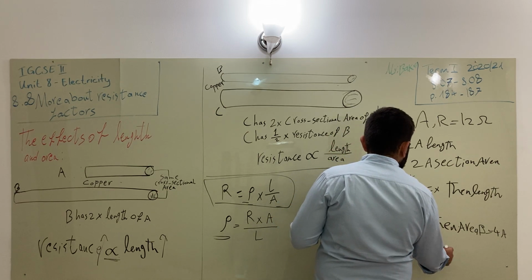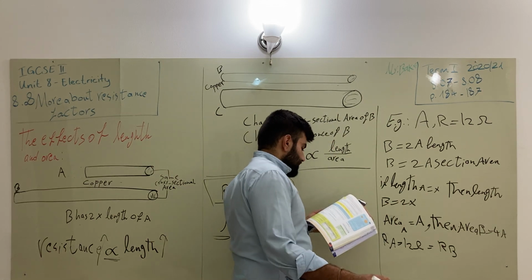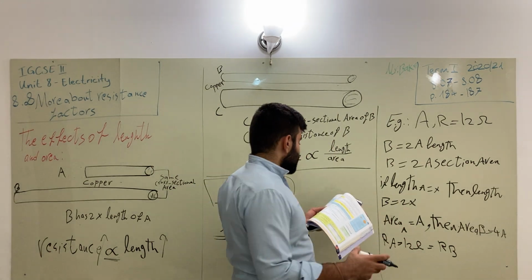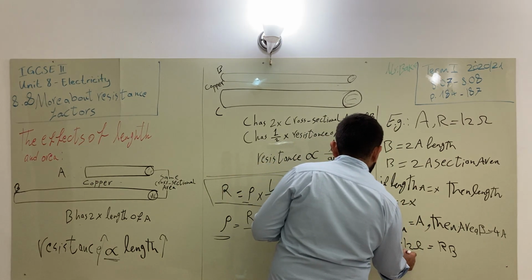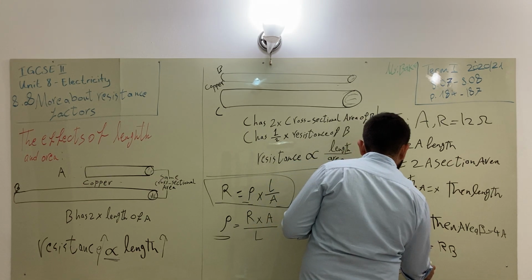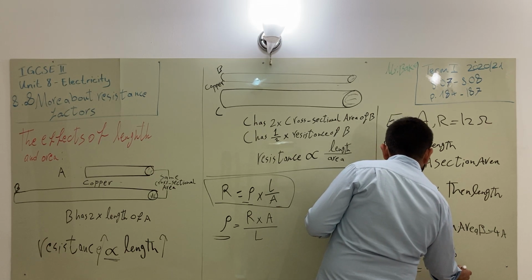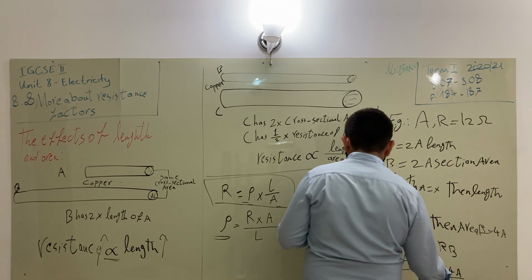And resistance B is RB, so we have to calculate RB. So take the values: we have here 12 multiplied by A over X, while for RB, resistance B, multiplied by 4A over 2X.